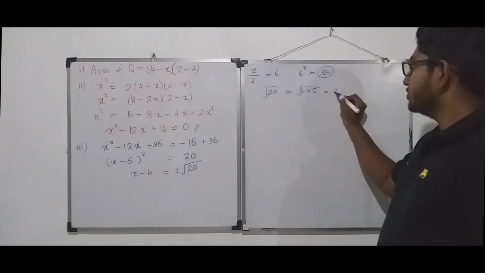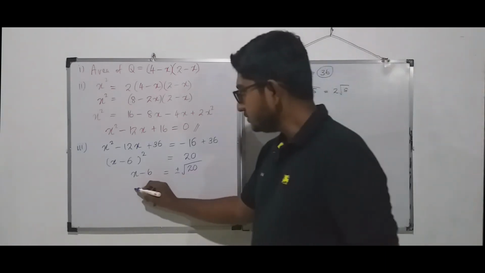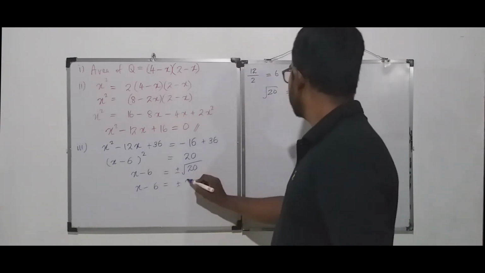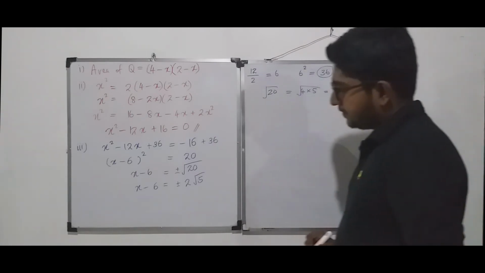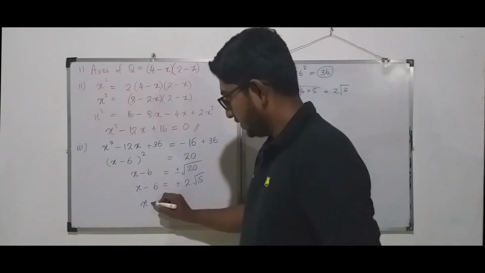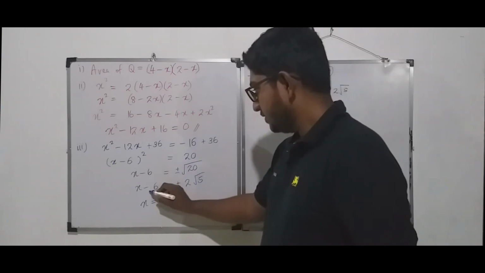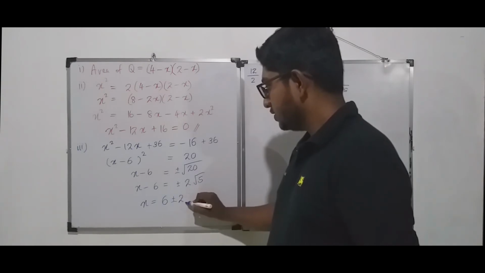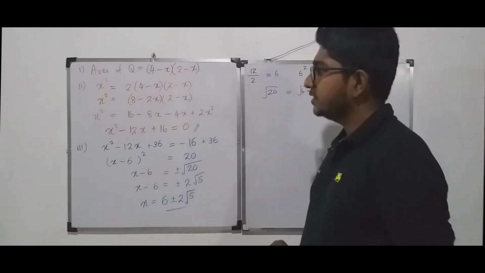Square root of 4 is 2, and this is 2 root 5. So x minus 6 becomes plus or minus 2 root 5. So we get the solution for x as, when we shift minus 6 here, it becomes plus 6, plus or minus 2 root 5. This is the answer for Roman number 3.